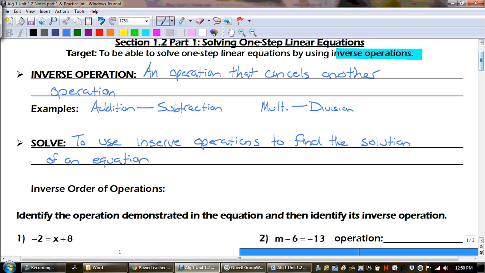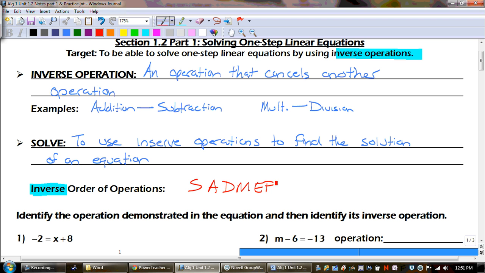Now, order of operations, the parentheses, exponents, multiplication, division, addition, or subtraction, is what we do when we have an expression. But when we're talking about inverse operations, we talk about SADMAP, and that's the order of operations backwards.